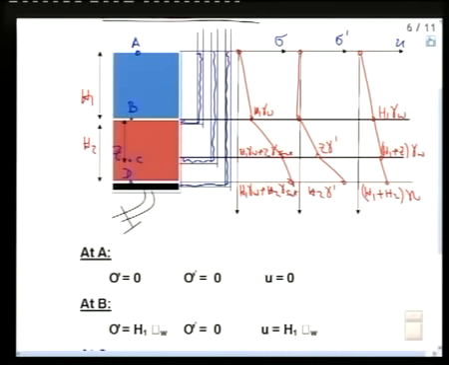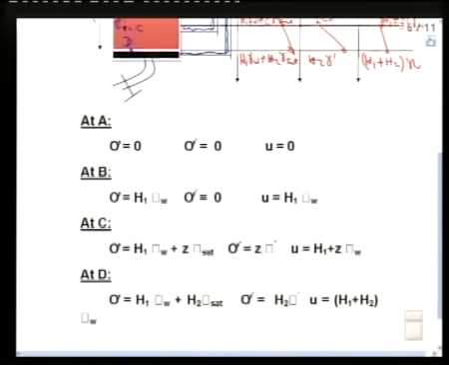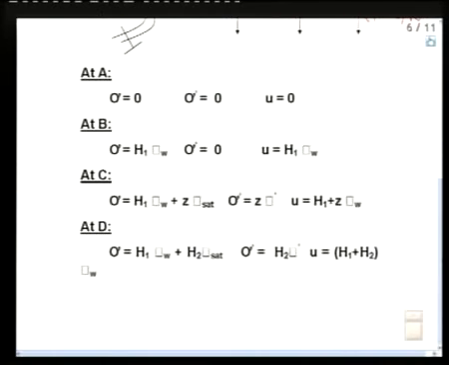I wrote here stresses at every point. You see, at A, sigma equals 0, sigma prime 0, U equals 0. At B, sigma equals H1 multiplied by gamma water, sigma prime 0, and U is H1 multiplied by gamma water, right? At C, sigma is H1 multiplied by gamma water plus Z gamma saturated, sigma prime is Z gamma effective, and U is Z gamma water.